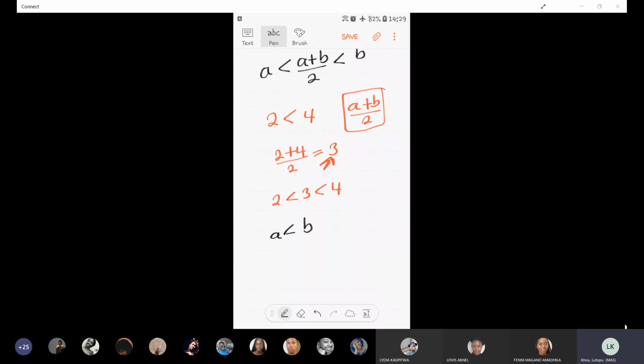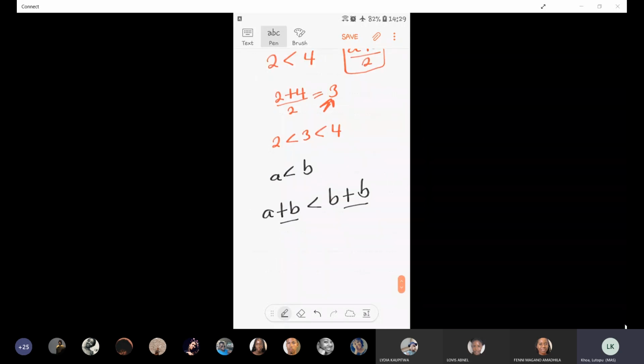We don't know anything about them except that A is less than B. So what we can do is add B on both sides. The inequality doesn't change because when I add anything on both sides of my inequality, the inequality is preserved.